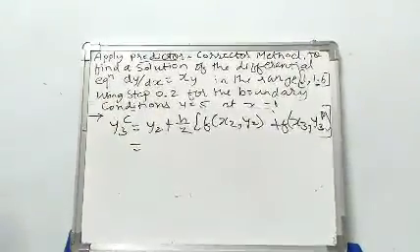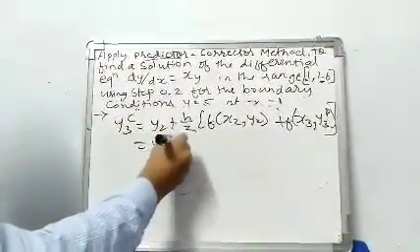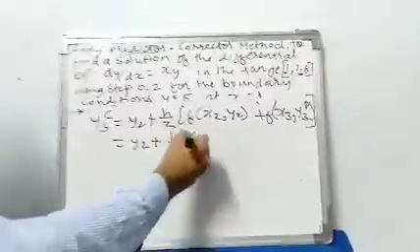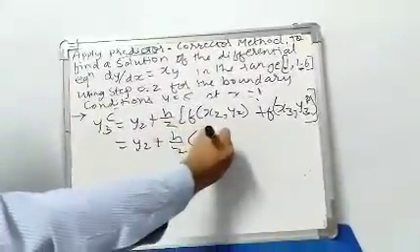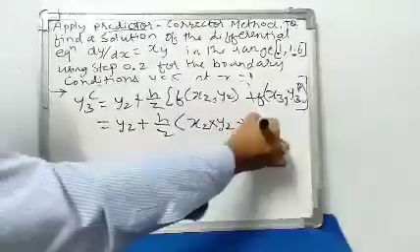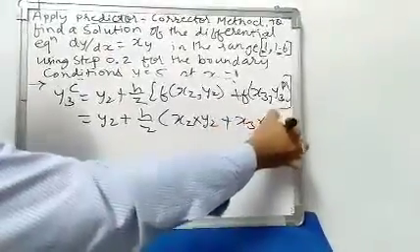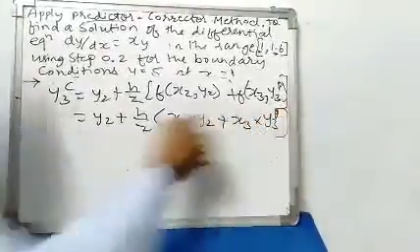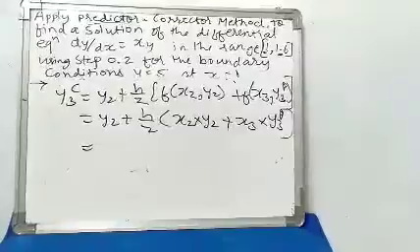So the values we know: first h by 2 times x2 into y2 plus x3 into y3p.